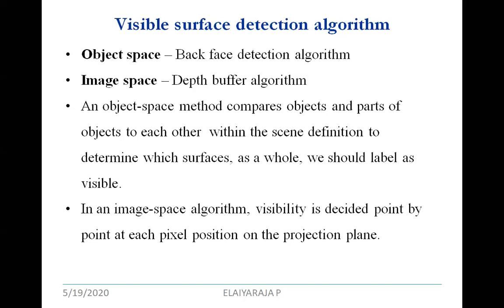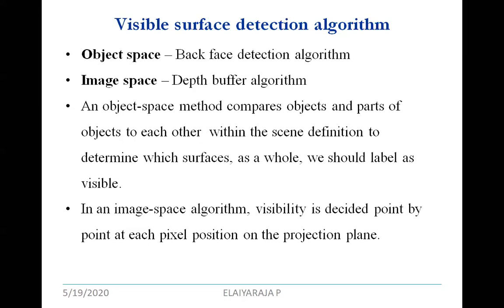When you do the calculation in object space, we calculate the normal vector and check whether the value is less than 0 or greater than 0. Object space algorithms also allow shadow generation, to increase the depth for three-dimensional objects which will be viewed on the screen.